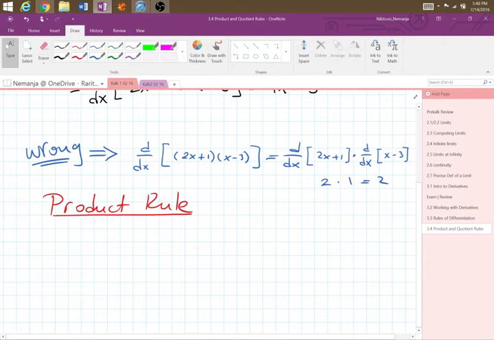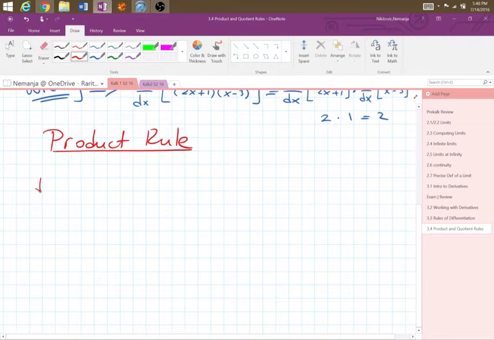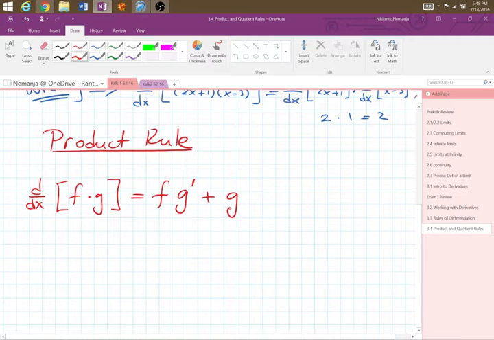And the product rule says the following thing. If we are trying to find the derivative of f times g, so f and g are functions of x, then we are going to copy f, find the derivative of g, and then copy g and multiply by the derivative of f.